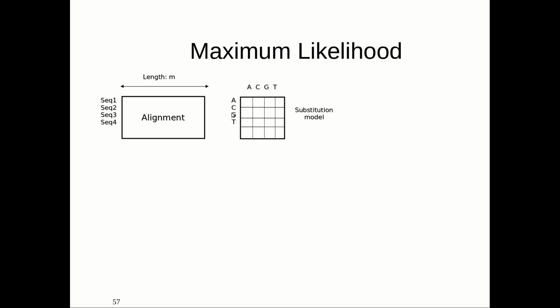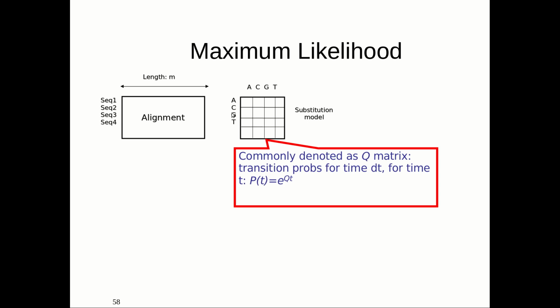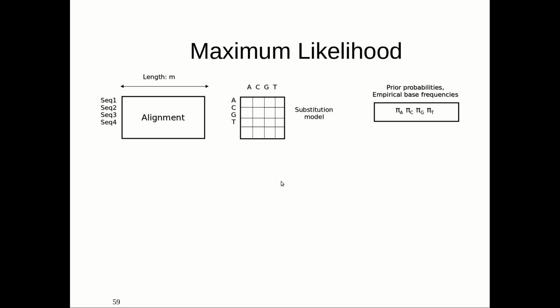Then we're given our substitution model, commonly denoted as the Q matrix, that gives us the transition rates for time dt. And for computing the transition probabilities on real times t, we need to exponentiate this rate matrix, so it's a matrix exponential, e to the power of Q times t.